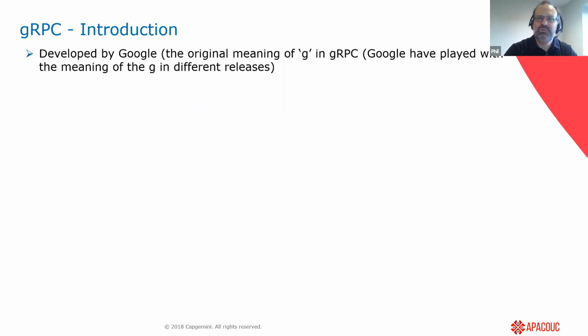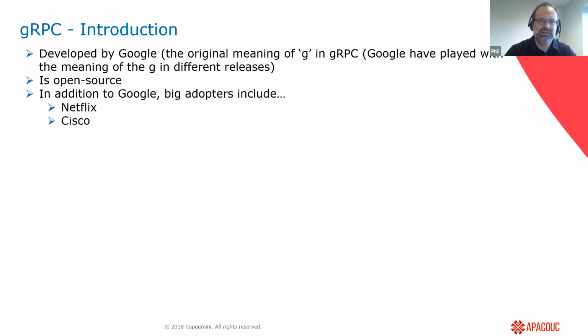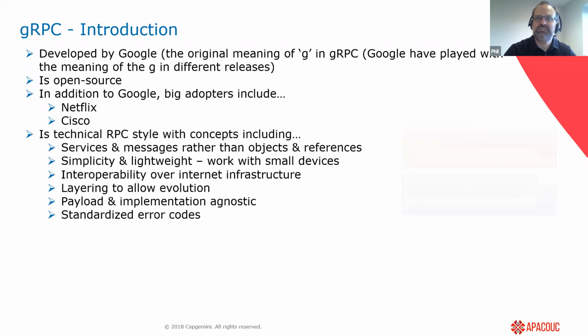It is more of a true RPC framework. It's open source like GraphQL. It's been adopted big time by Netflix and Cisco. Part of that is to do with the nature of its compact efficiency in terms of network use, which we'll see in a minute.